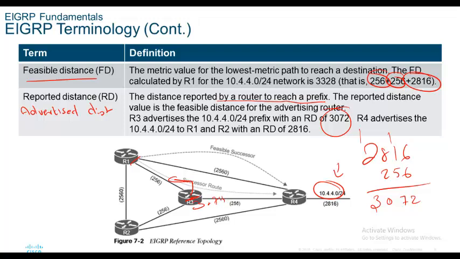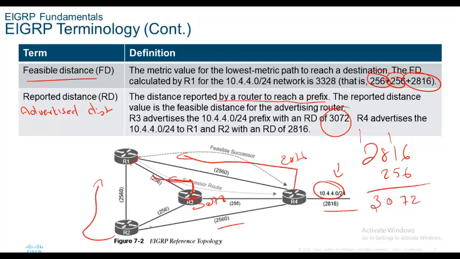Feasible distance. What is feasible distance? We saw that feasible distance is the total metric via the best path. For R1, this is the best path, that is feasible distance. For R3, which is the best path? For R3, this is the best path.